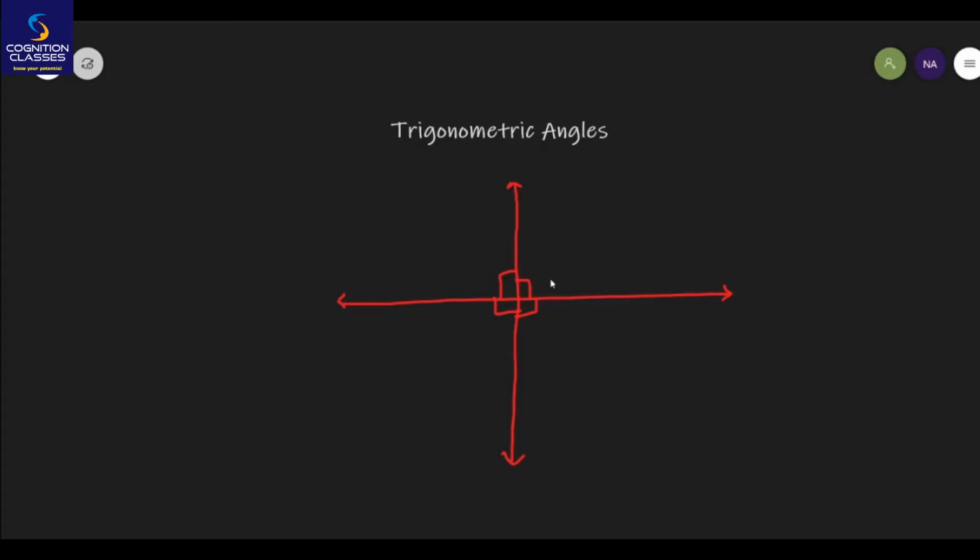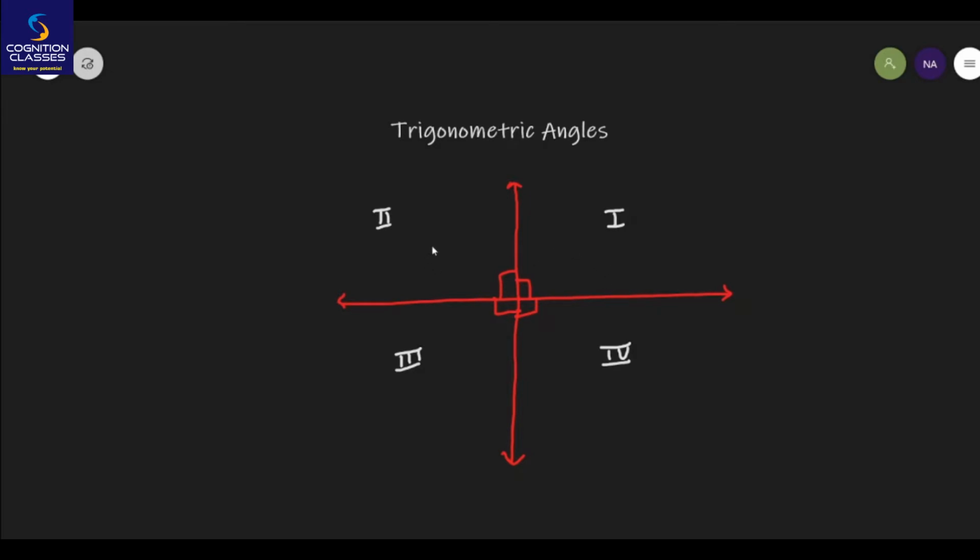This will be known as the first quadrant, this the second quadrant, this the third quadrant, and after that we have the fourth quadrant. The naming of the quadrants is done in the anti-clockwise direction. You cannot change the names because it is the convention that we need to follow.